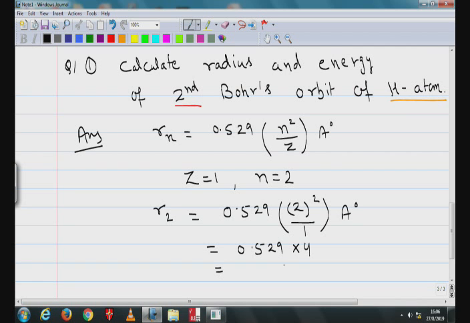So, it comes out to be 2.116 angstrom. So, this is the answer for the second Bohr's radius. Any doubt for this question, for this particular part? Anybody has got any doubt?